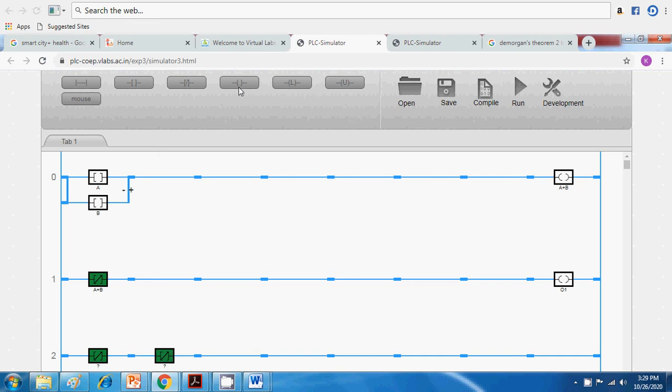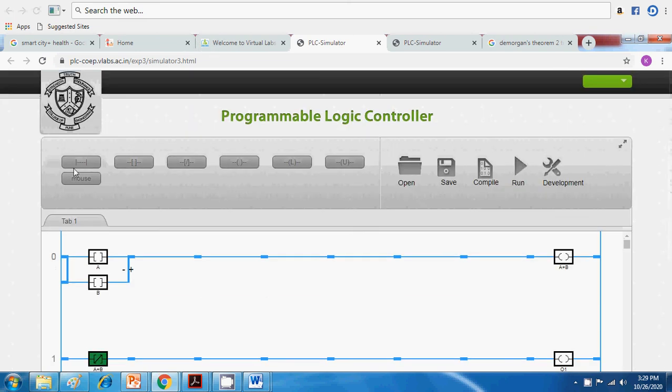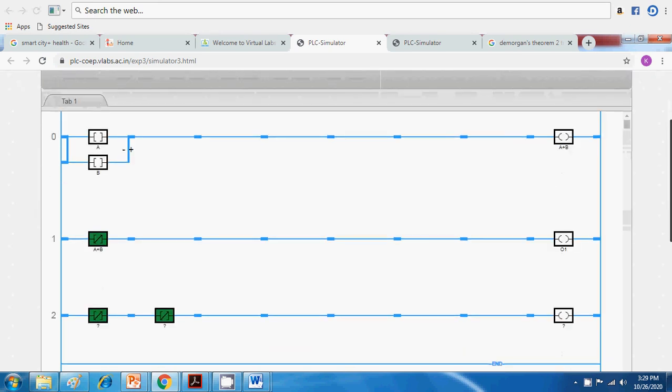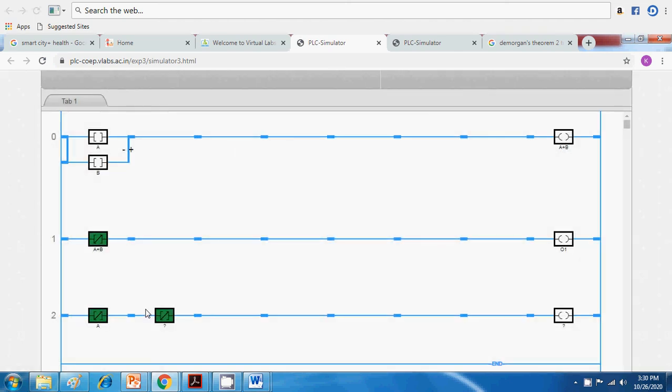for that purpose we have to take one output device like this, and give the names. Go to the mouse first, so it is A bar, or you can see A, it is inverted, no need to give bar.